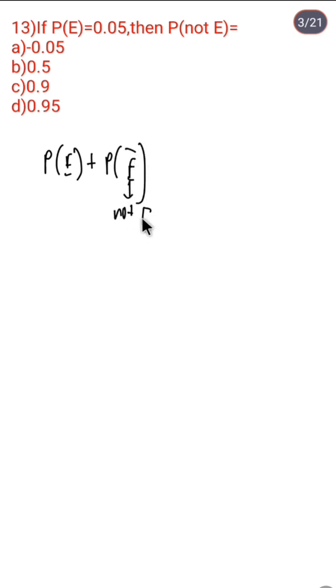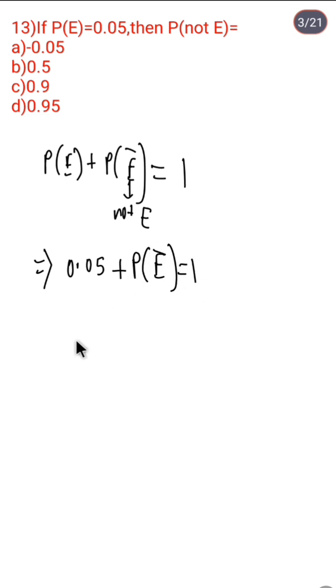Not E means the same event not happening. Now P of E is given as 0.05, so 0.05 plus P of not E equals 1. Now P of not E will be equal to 1 minus 0.05.